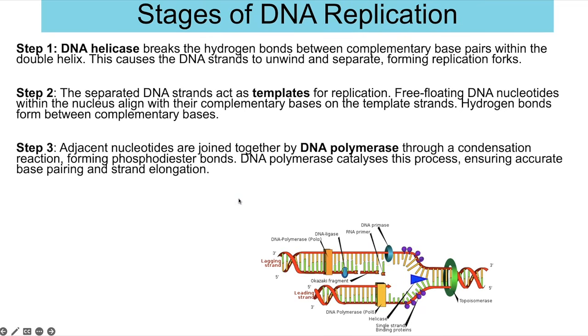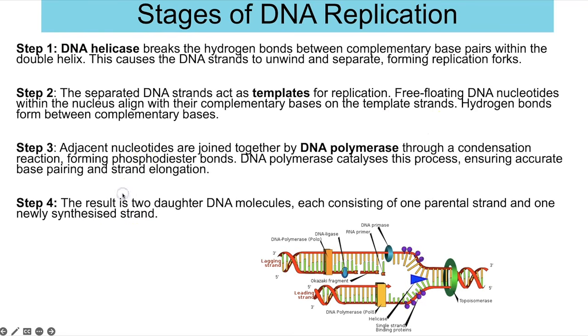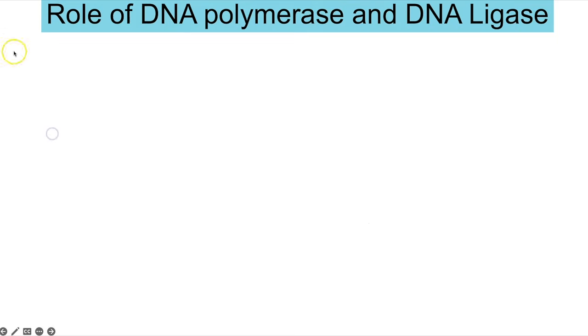And that is where the enzyme DNA polymerase comes in. DNA polymerase is able to join together those adjacent DNA nucleotides through the catalyzation of the condensation reaction, and it forms the phosphodiester bonds. And that then results in two daughter DNA molecules, each consisting of one of the original parental strands and one newly synthesized strand.